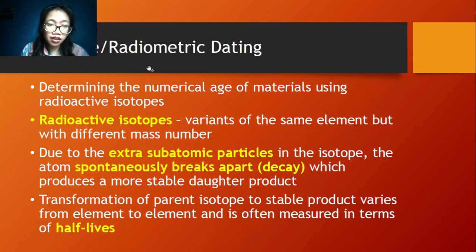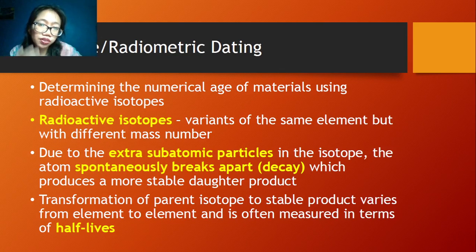So in the absolute dating method, we should be using radioactive isotopes. So as you know, isotopes are versions of the same atoms, but they have a different mass number. Because they have a different mass number, it leads them to becoming radioactive.